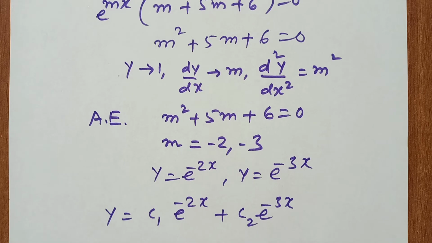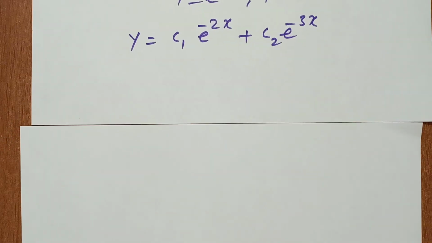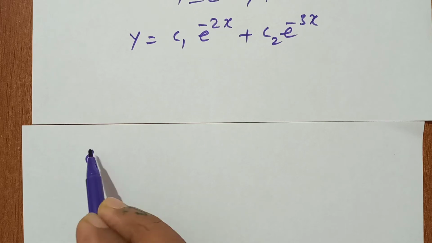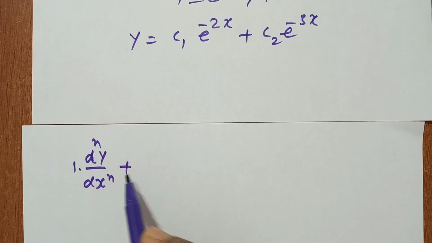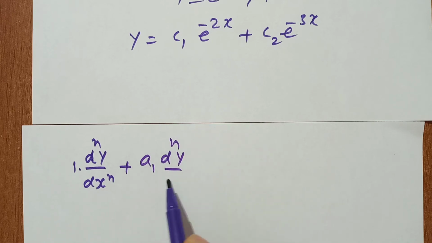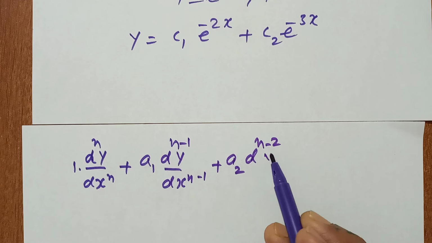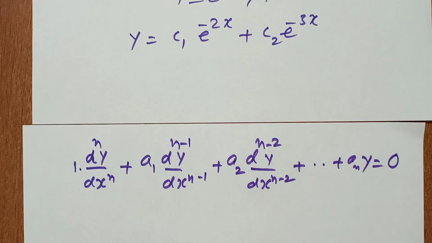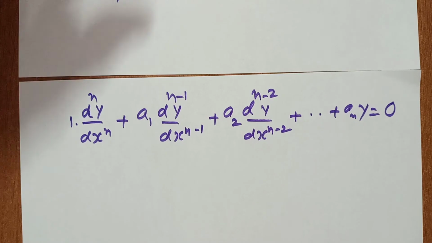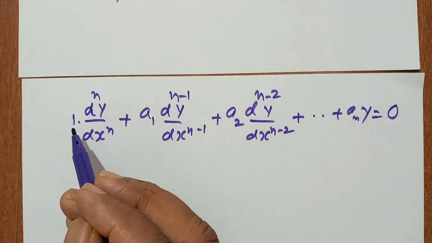So I want to generalize this. Given a differential equation of order n, the first coefficient of d^n y upon dx^n is 1, always, plus a1 d^(n-1) y upon dx^(n-1), plus a2 d^(n-2) y upon dx^(n-2), plus ... plus an y is equal to Q. First I want to explain when Q is equal to 0, a linear differential equation of order n with constant coefficients. So you see the first coefficient is 1 and Q is equal to 0.